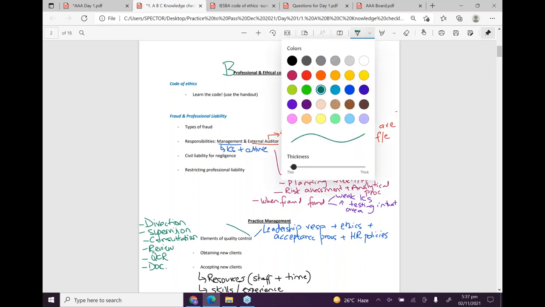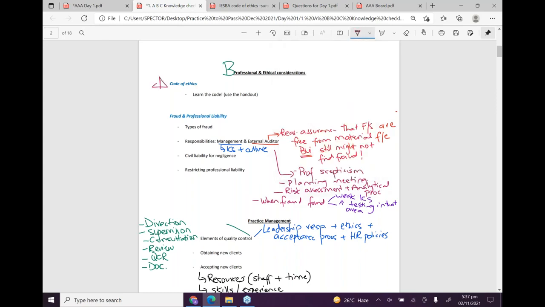Now, normally when I give a topic a star, that means it is 100% certain that this topic will come up in your actual exam. So it's there either in question number 1 or in question number 2, 3, or maybe all 3 questions as well. Please remember, you have no option but to learn the code of ethics.